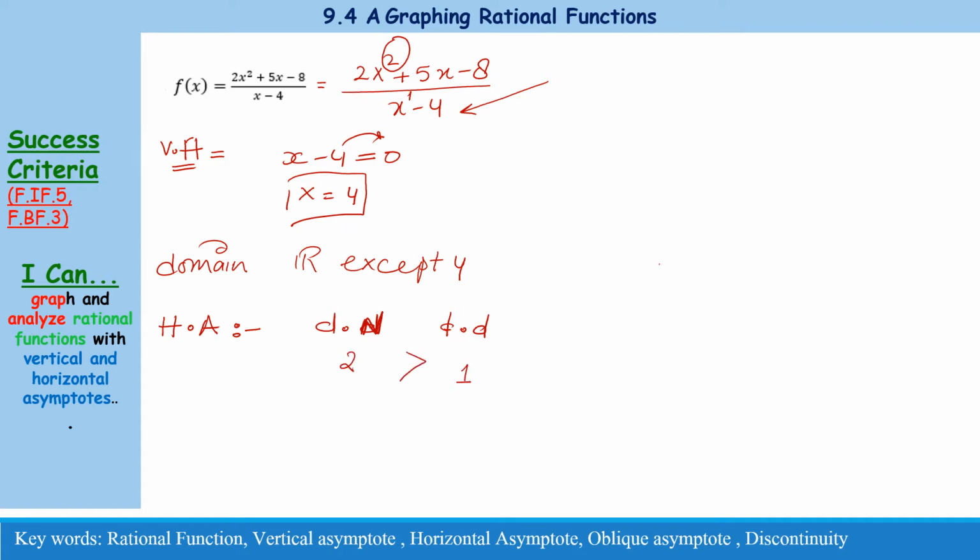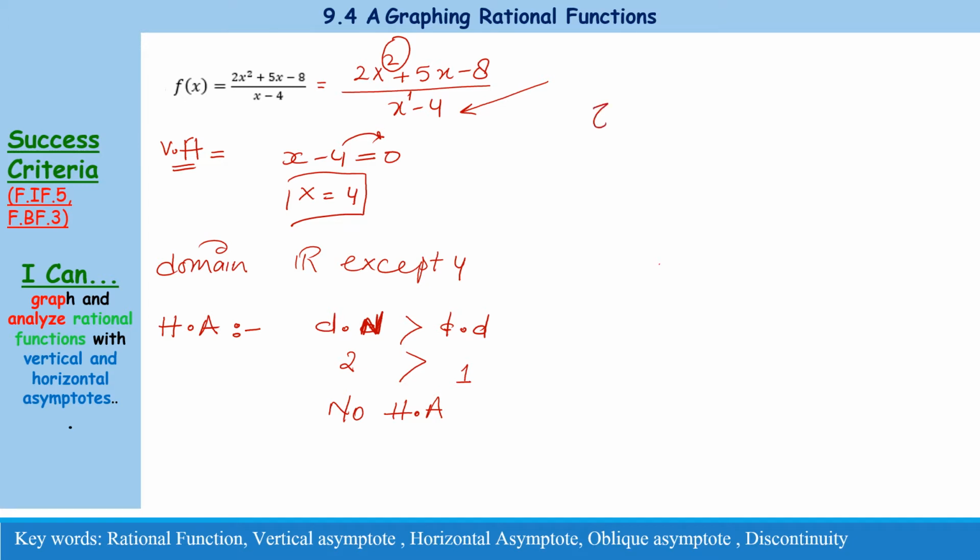And you know that if degree of numerator is bigger than the degree of denominator, we always say that we don't have any horizontal asymptote in such cases. Okay, so the third thing is that you cannot even cancel something, so you have no hole also.